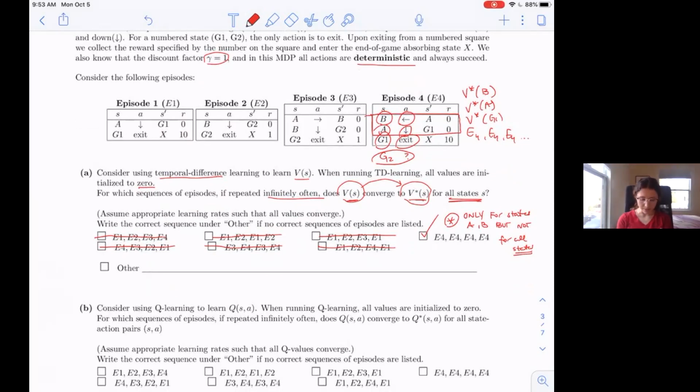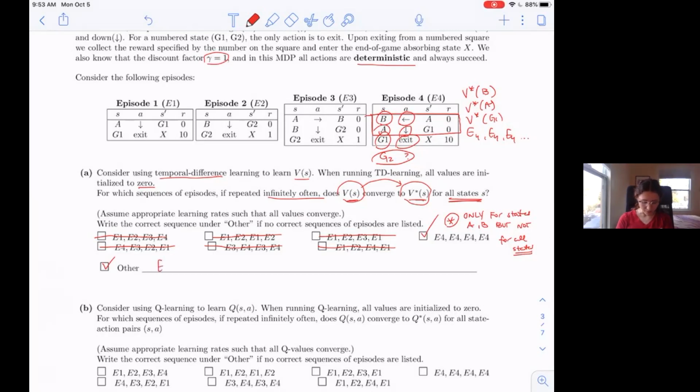So really the right answer is this other, that none of these sequences will learn a value function that converges to V star of S for all of the states. So there are ways to use these episodes in a correct sequence.